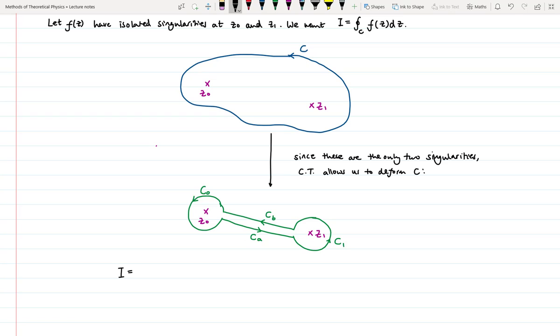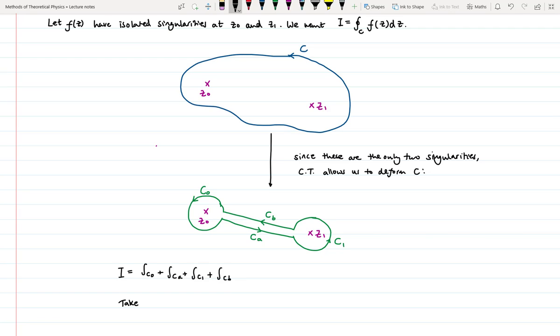The integral is now the integral around the path C0, the contribution along CA, the contribution along C1, and the contribution along CB. We're now going to do what we always do with a channel.